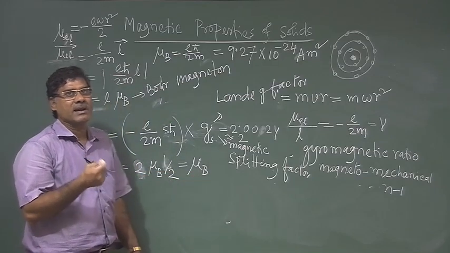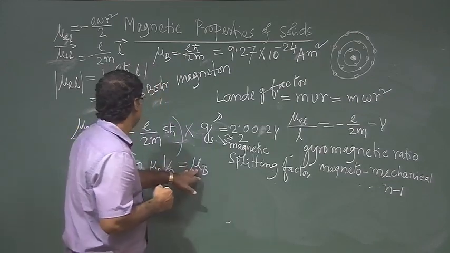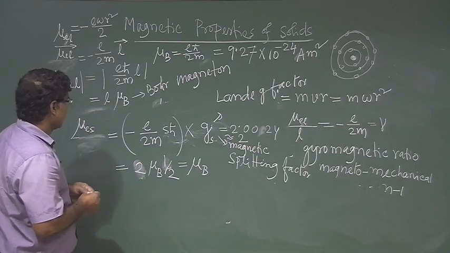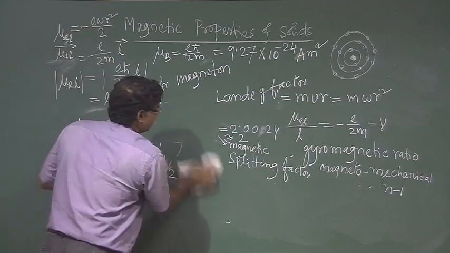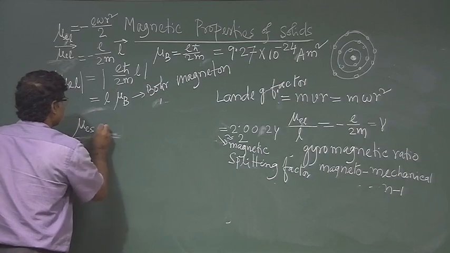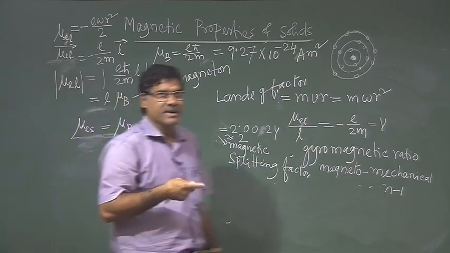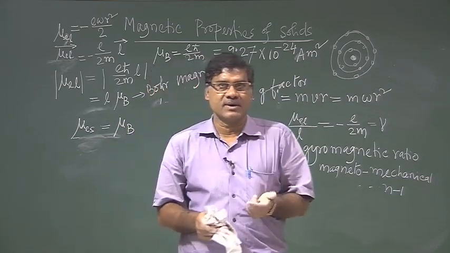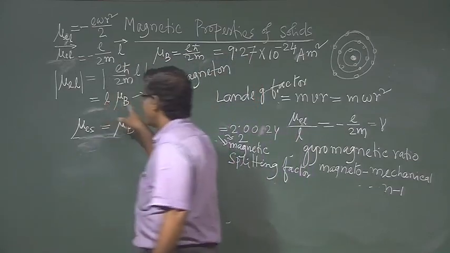Each spin will give a magnetic moment of mu_B. So, mu_e_s is mu_B. From the spinning motion of the electron we are getting the magnetic moment mu_B, and from the orbital motion of the electron we are getting L mu_B.